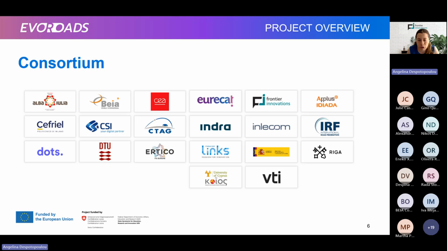This is our consortium. It's not a very big one, nor a very small one. From your projects, you may recognize several companies. Of course, Ertico is our project coordinator and our dissemination manager.